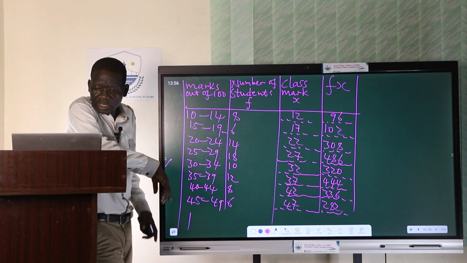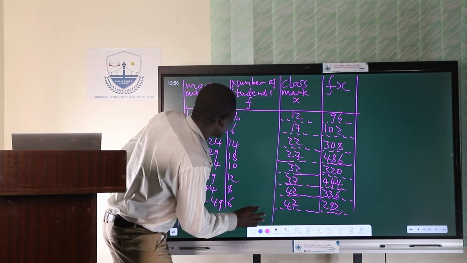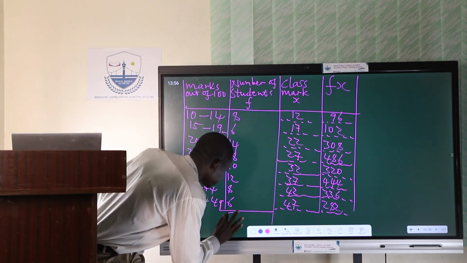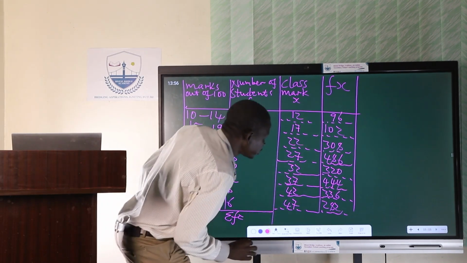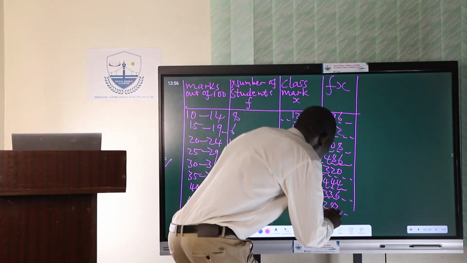However, down here they want us to get the total frequency. Total frequency, which is summation f. Then also they want us to get summation fx.